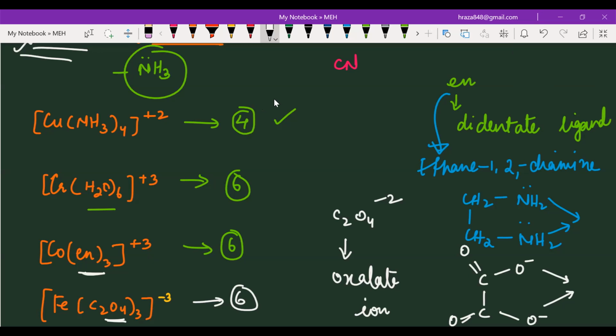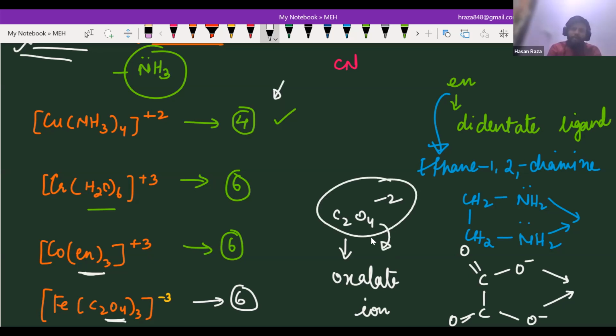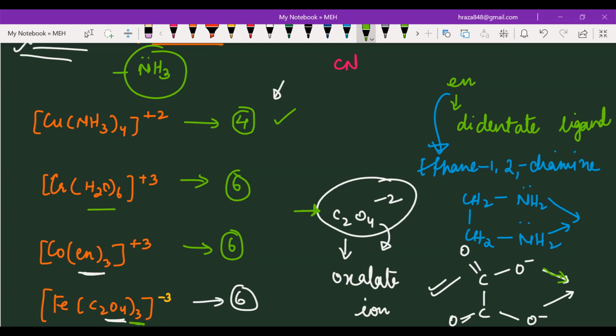What I told you, this is oxalate ion, yes or no? Yes. And this is the structure, and I told you that one C2O4 can form two coordinate bonds. So there are three C2O4. How many coordinate bonds will be formed? 6, because one forms two coordinate bonds, so three form 6 coordinate bonds. Okay, please do write it.